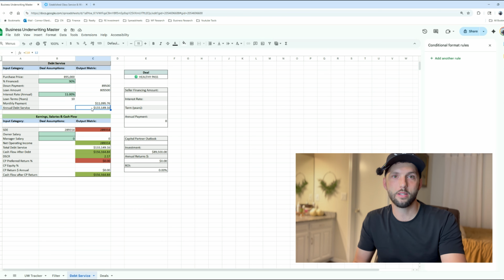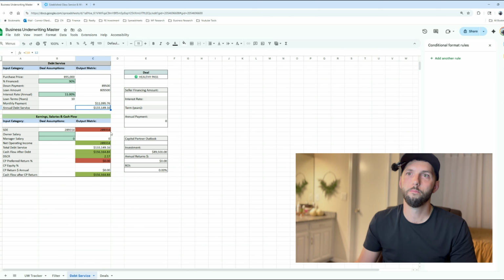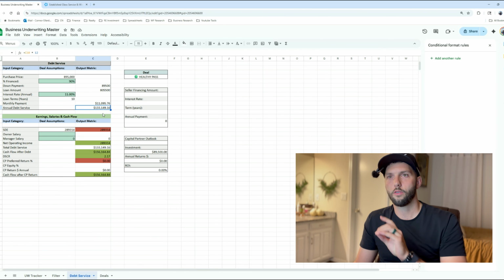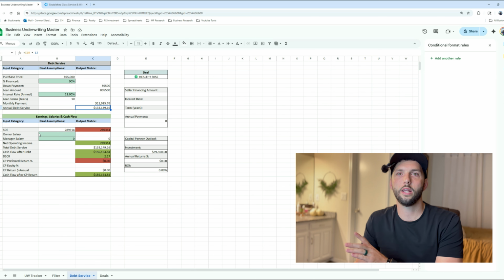Like 6 months, 8 months, a year of capital reserve. So that might be another metric that we actually raise in this whole operation. So not to get too off topic. Annual debt service, $133,146. So now we move down to the earnings, salaries, and the cash flow.